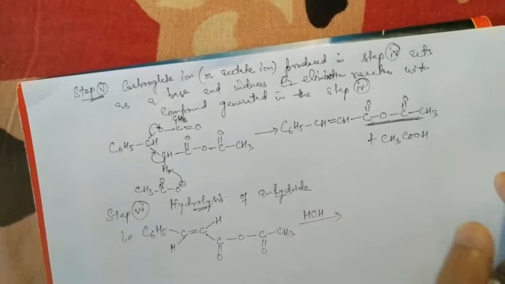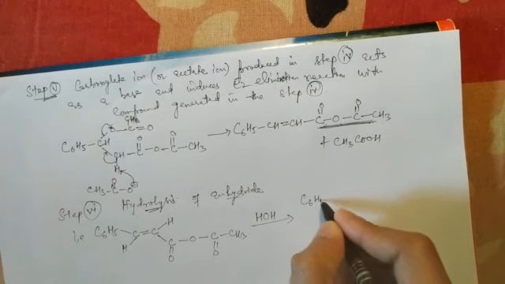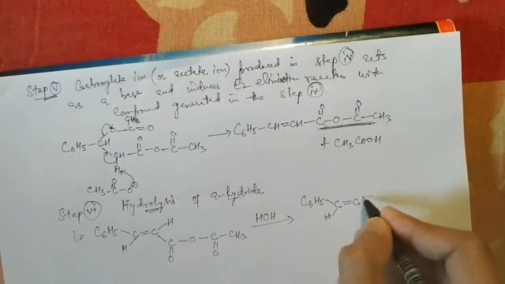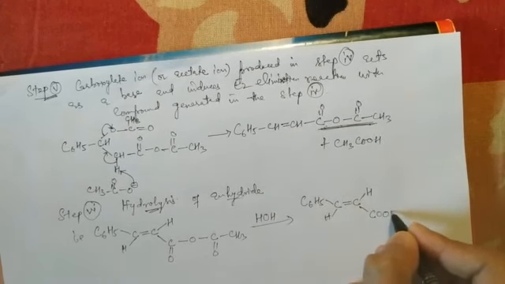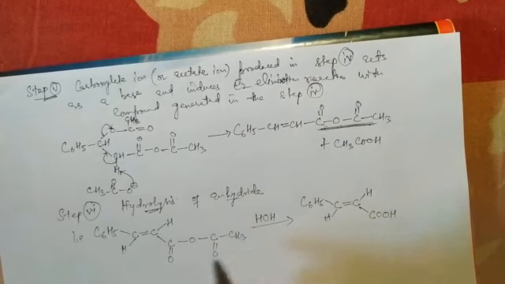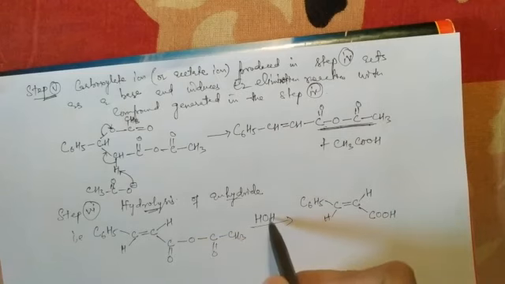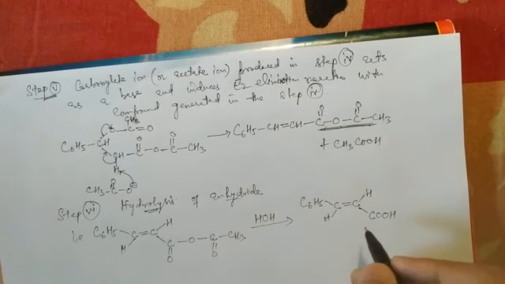This is HOH, meaning H2O, and we are getting C6H5, C double bond CH here, H also here, and then COOH. So it means COO, here comes the H part of the water, and OH goes here and it becomes CH3COOH.